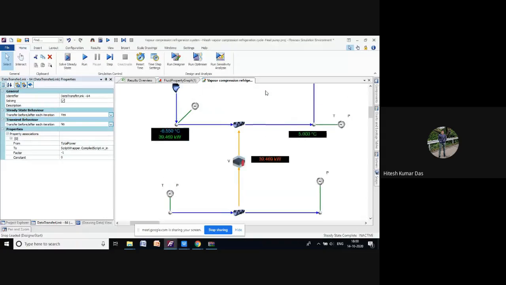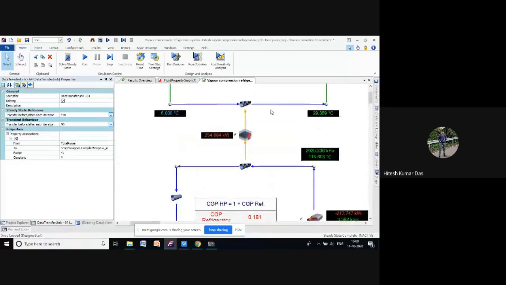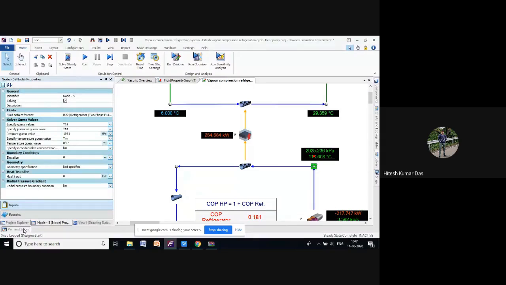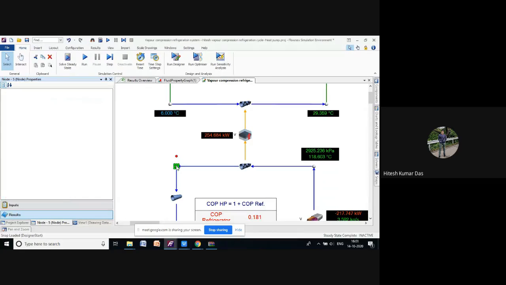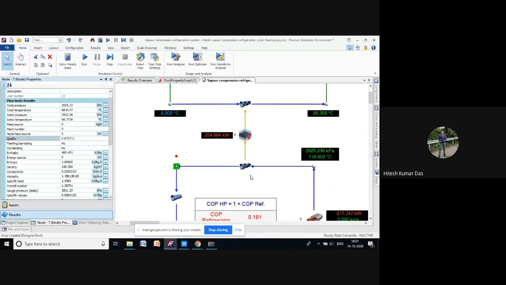So this is the condenser side. As in the condenser, heat will be rejected at constant pressure. The pressure you can see in this node's result tab: it is 2925.24, and the same pressure is there at the outlet also, 2925.23 kilopascal, meaning heat is rejected at constant pressure.